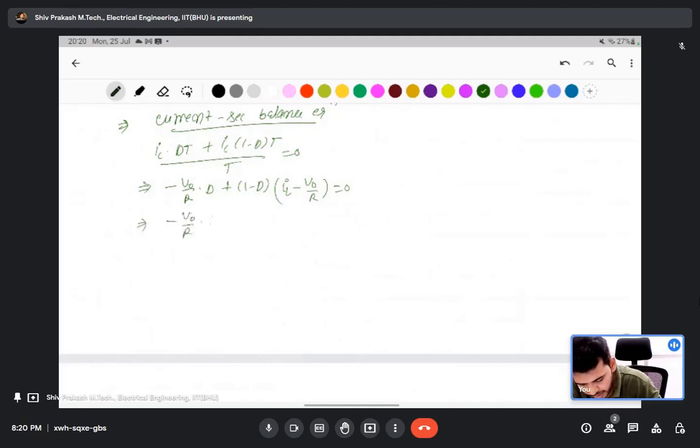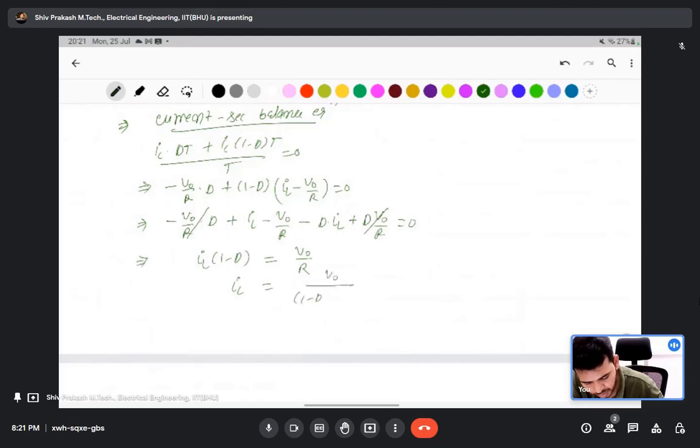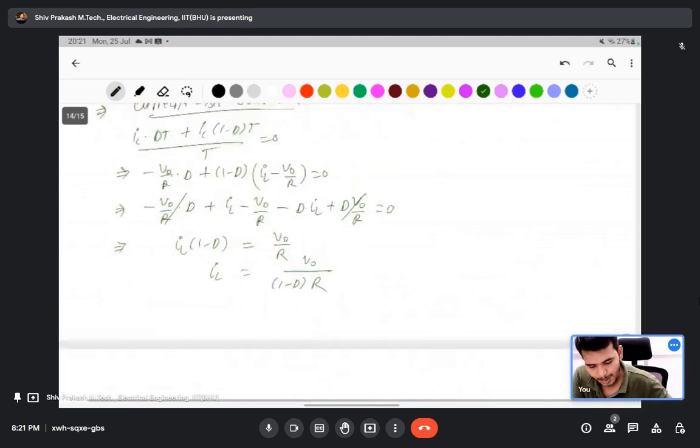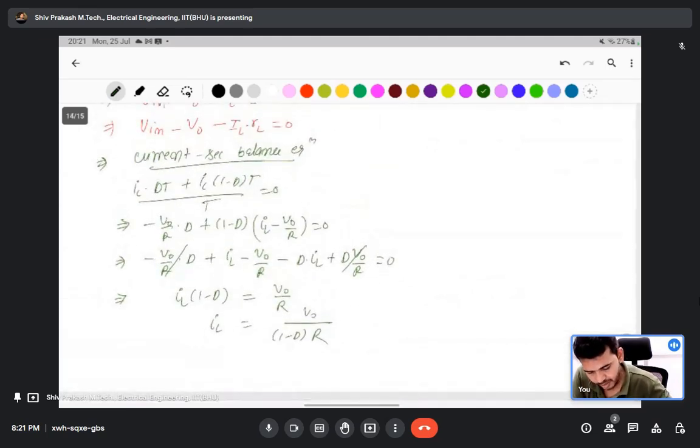Minus V naught by R into D plus IL minus V naught by R minus D IL plus D V naught by R is equal to 0. D V naught cancels out. IL into 1 minus D is equal to V naught by R, and IL is equal to V naught by R into 1 minus D.